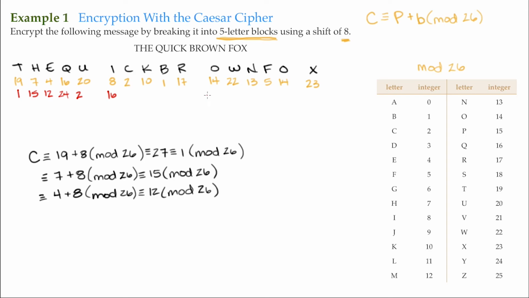And then, of course, we do that as we go on down the line. As it continues, it's the same idea. Eventually, we have 23 plus 8 for X, mod 26. That's congruent to 31, which is congruent to 5 mod 26.